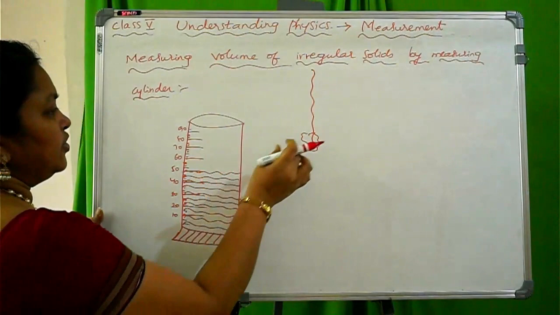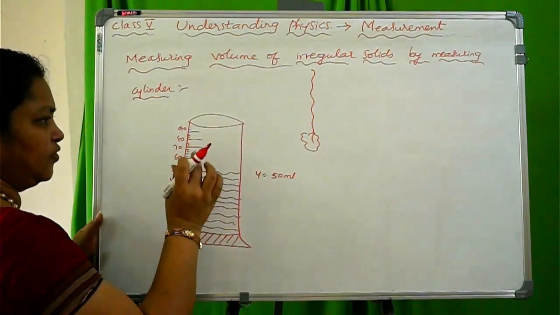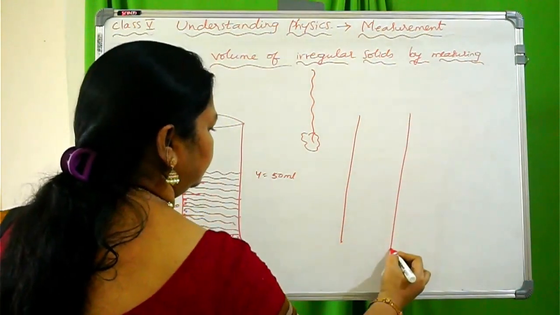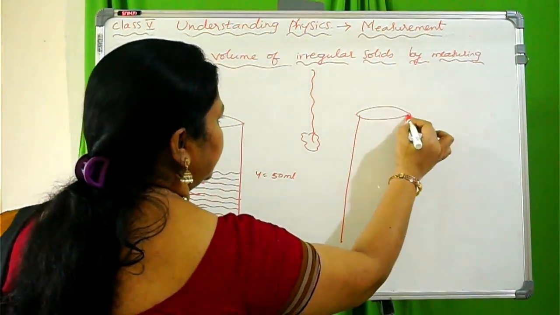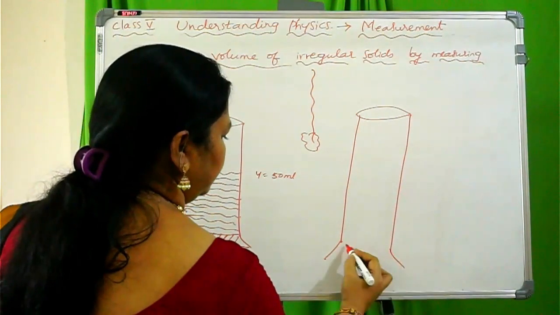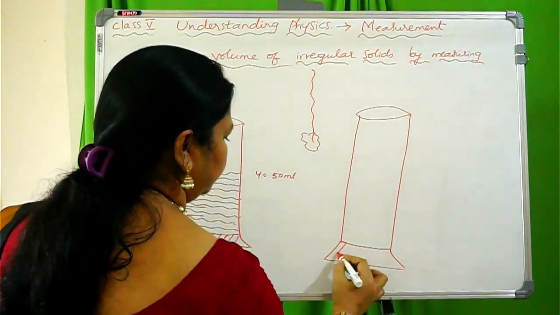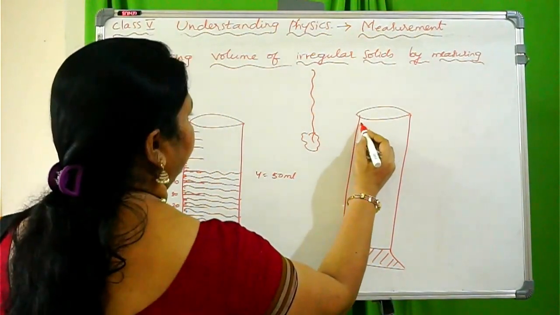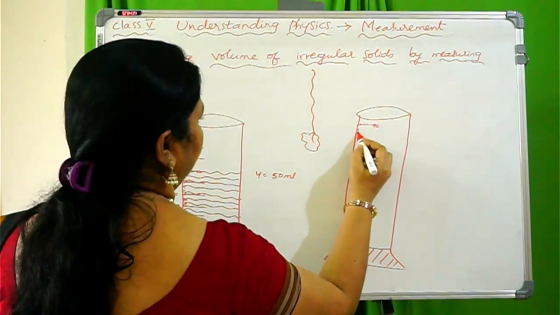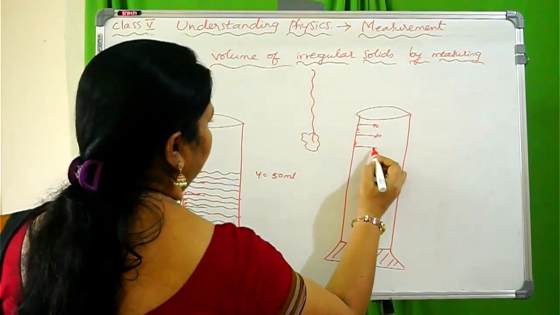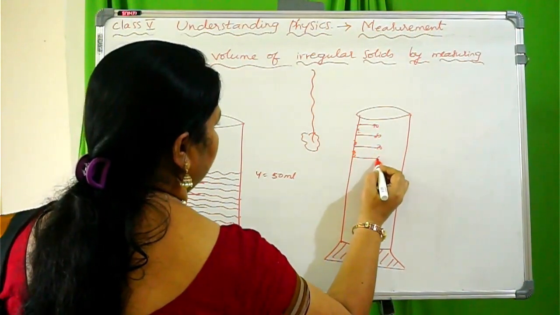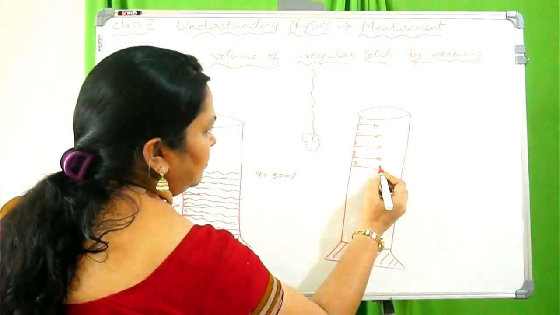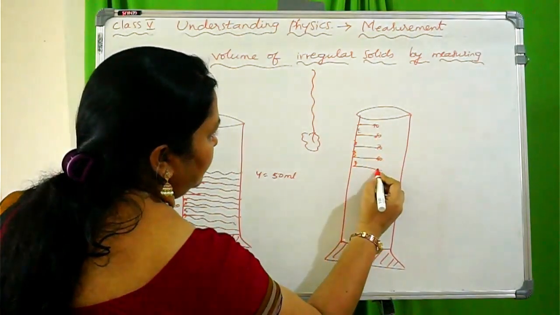And then you have to dip this stone in this water. Okay, let me draw one more time. The same measuring cylinder. 60, 50.